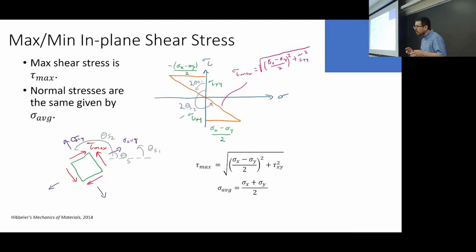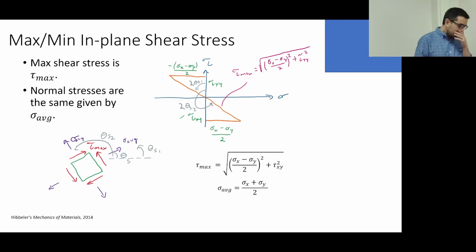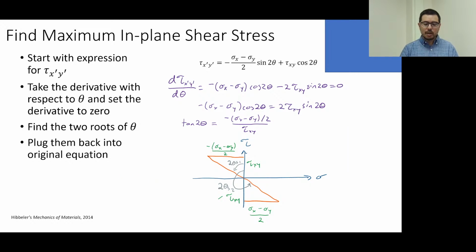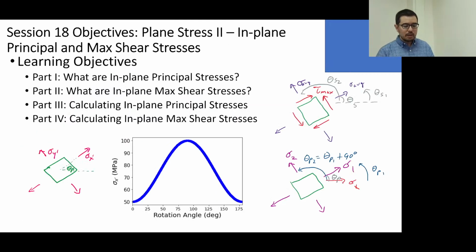So if you have pure shear, and you rotate 45 degrees, you can actually get your state of principal stresses, and your state of principal stresses are going to have sigma x and sigma y with opposite signs. Okay, we will talk more about a lot of this stuff next week after the exam.